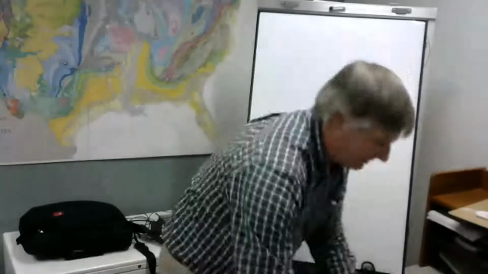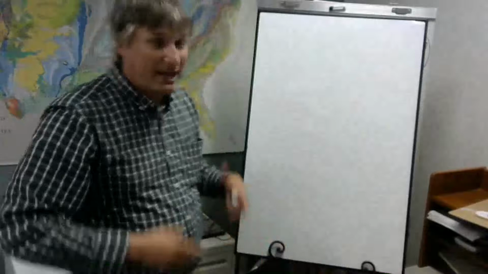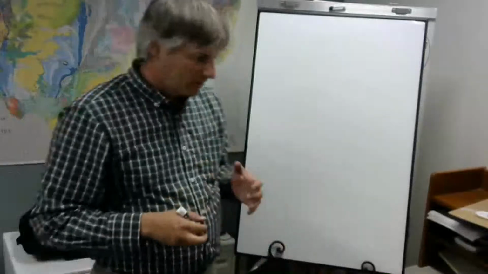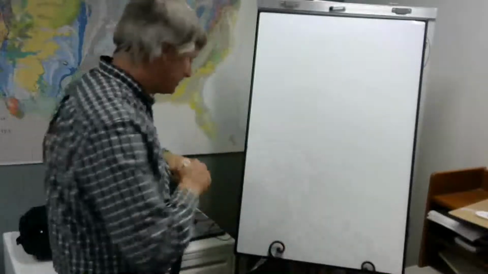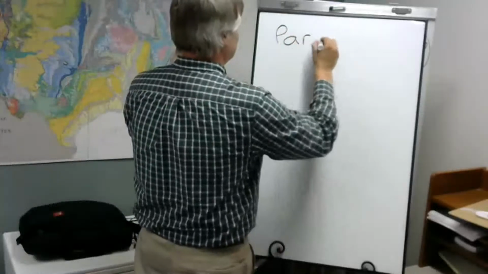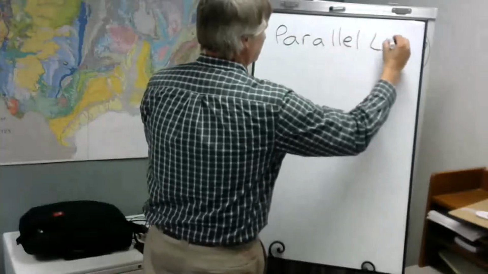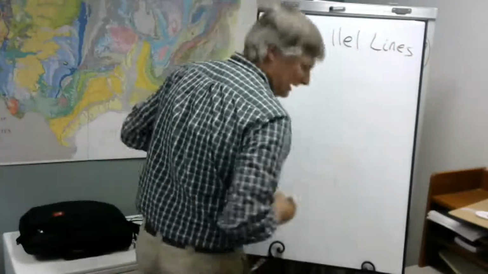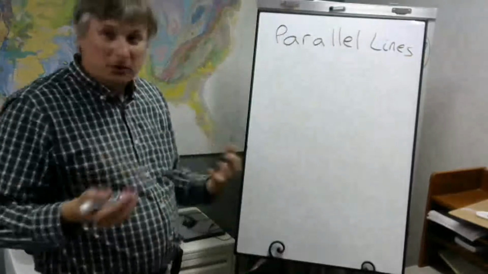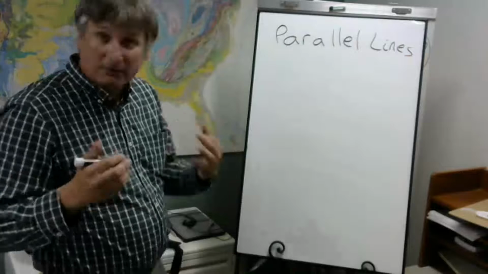All right. Well, what we're going to be looking at this evening is parallel lines, perpendicular lines, and the average of a function. So first off, parallel lines. There's sort of an intuitive way we can talk about these, but they're basically lines that never intersect.